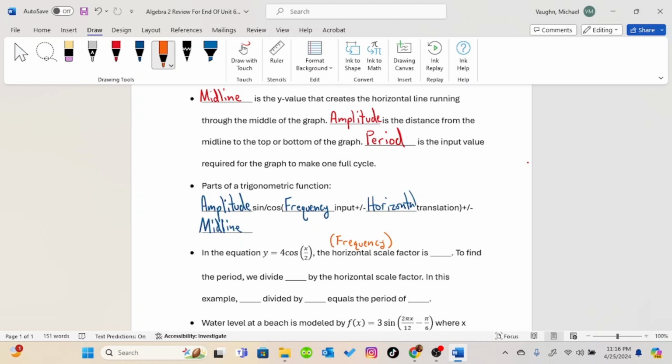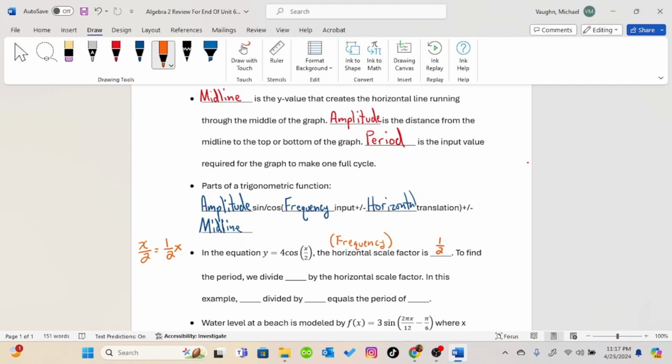So that is going to be 1/2, because this is the number we are multiplying by. x over 2 is the same thing as 1/2 times x.